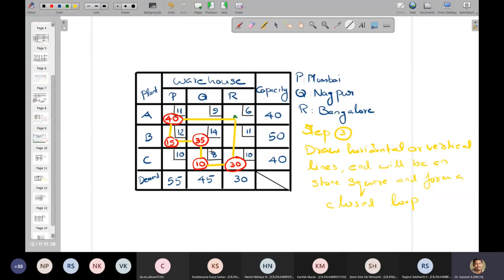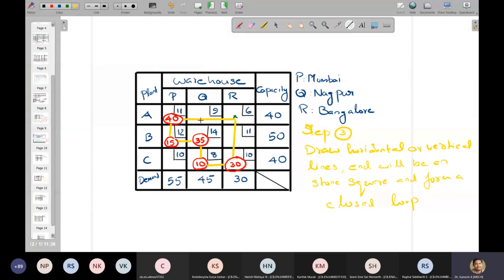Now, once the loop is formed, you have to add plus and minus signs. Plus and minus alternate signs, starting from the selected water square as positive.